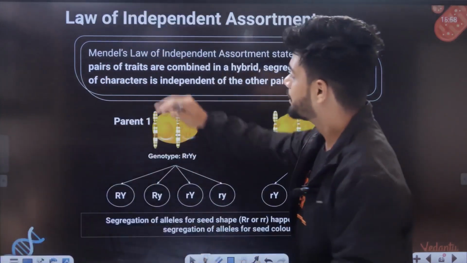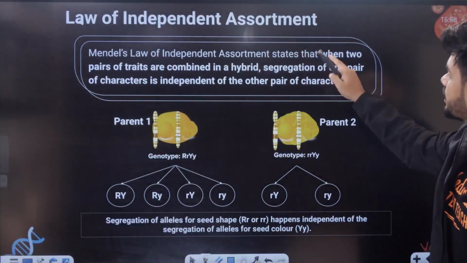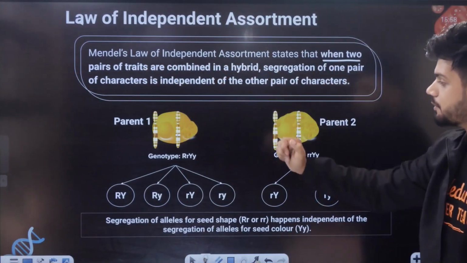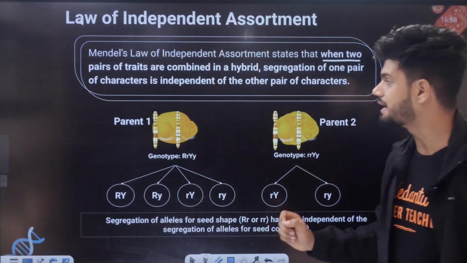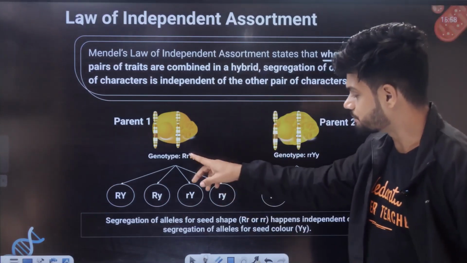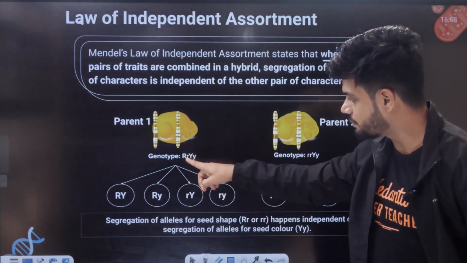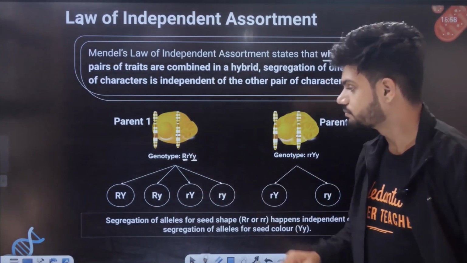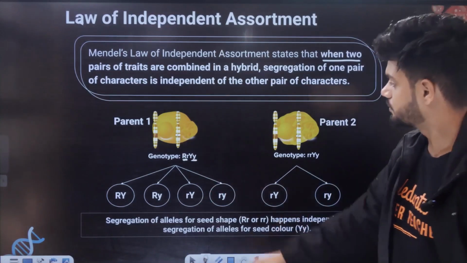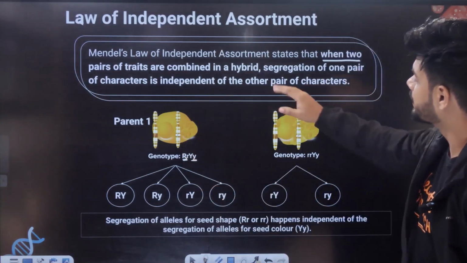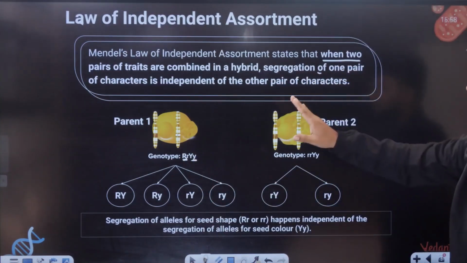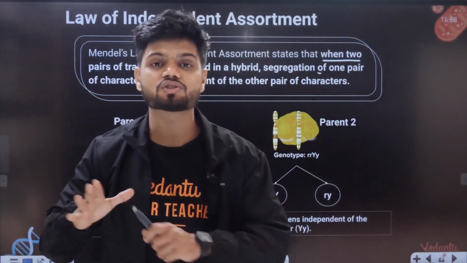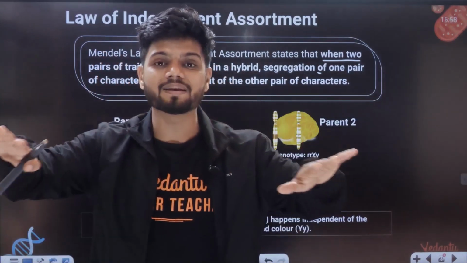Mendel's law of independent assortment states that when two pairs of traits are combined in a hybrid, such as round and wrinkled present together, segregation of one pair of characters, seed color, and segregation of seed shape will happen independently.